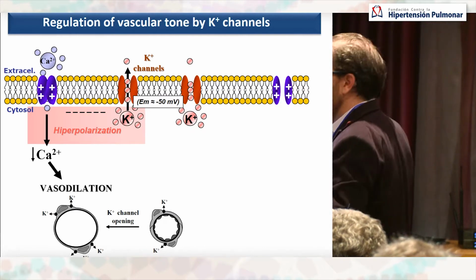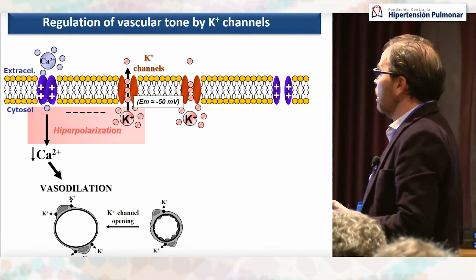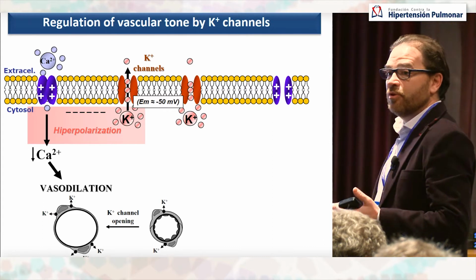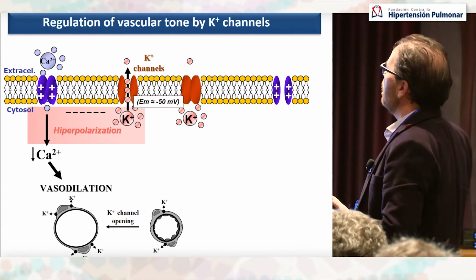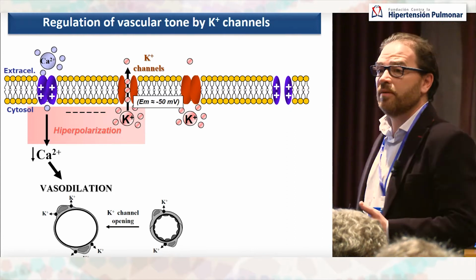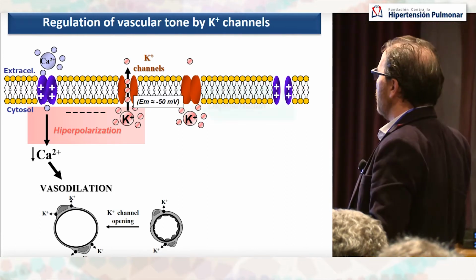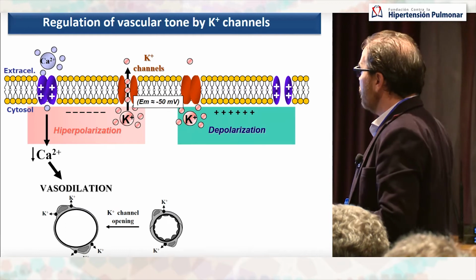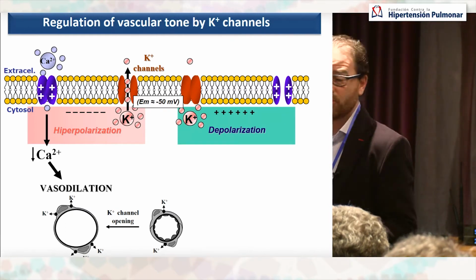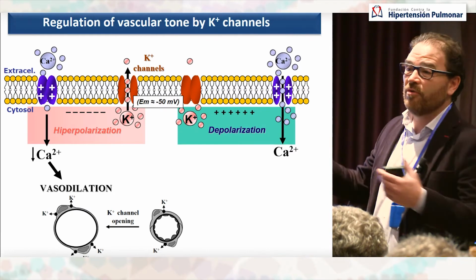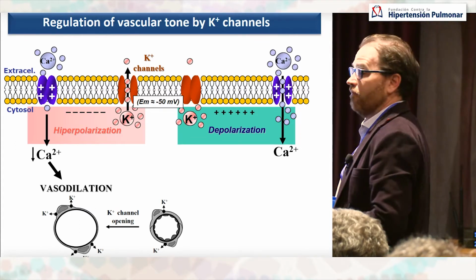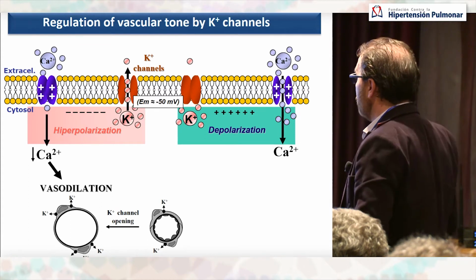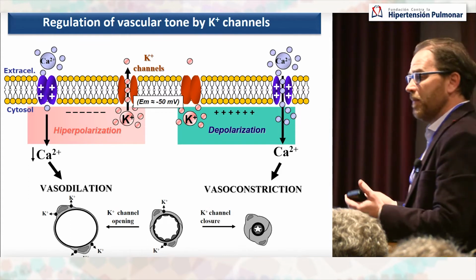The arteries are relaxed. On the opposite, when there's an impairment in the potassium channel activity, or a decrease in the potassium channel expression, that leads to an increase in positive charges, in potassium ions inside the cell, leading to membrane depolarization, which induces the activation of a number of mechanisms, especially the activation of voltage-dependent calcium channels, leading to an increase in intracellular calcium and vasoconstriction.